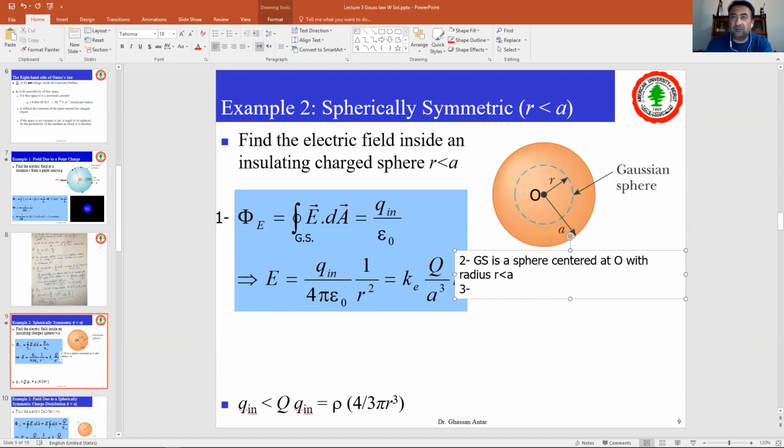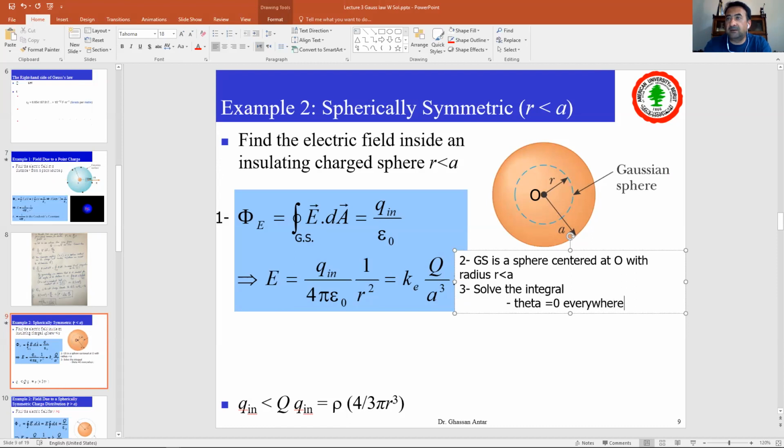The third point is, of course, to solve the integral. So what do we have? We have the integral of E scalar dA. We have that theta is equal to 0 everywhere on the Gaussian surface. Why? Because if I take the element area dA here, and I have the electric field, they are both parallel because they are both radial.